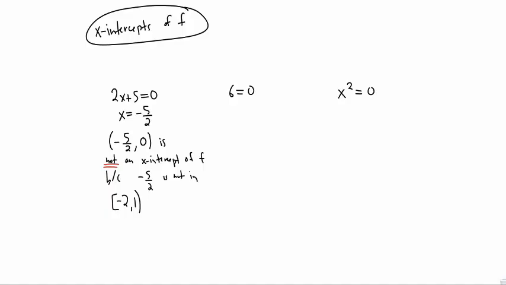How about this next formula, 6? Well, there's no solutions here, so this doesn't give us any x-intercepts. And finally, x squared. Set x squared equal to 0, and we get x equals 0. So this should tell us that (0, 0) is an x-intercept for f. We just have to check that 0 is in the domain for the third formula. It's not, though.